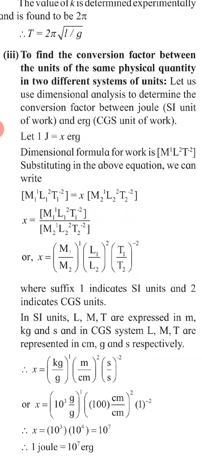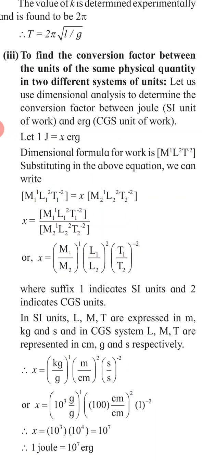So what is that value? M1 L1 T1. For the suffix we have to consider, on the right hand side, x into M2 L2 T2, and whatever be the dimension, we have to write it, so it will be M^1 L^2 T^-2. Then on the right hand side M^1 L^2 T^-2.